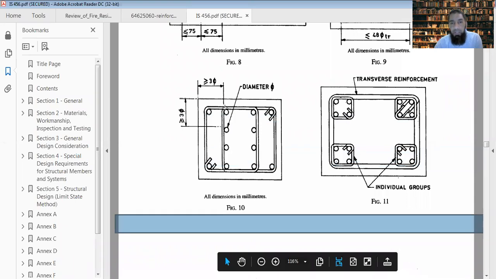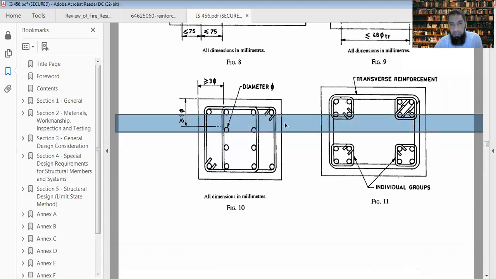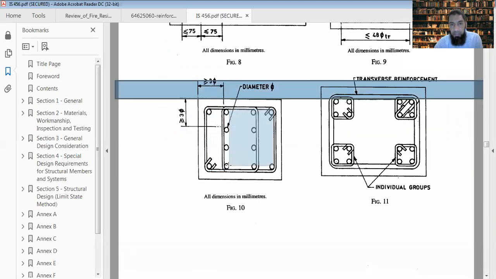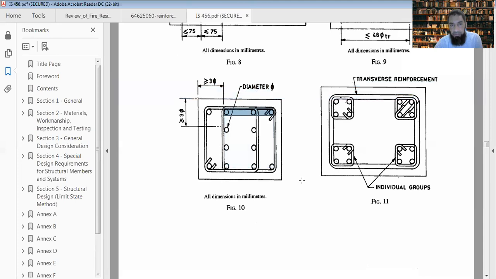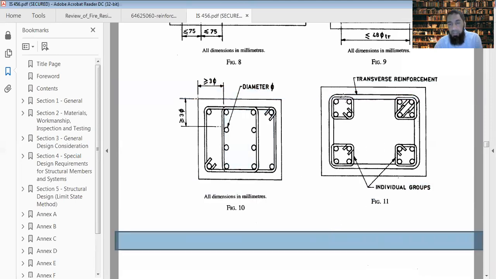So there you have one tie here like this, and the other one is in this fashion, two ties there. Similarly, you could bundle the longitudinal bars at the ends. Then you have an outer ring first throughout, and then small rings connecting the bundle, individual groups.